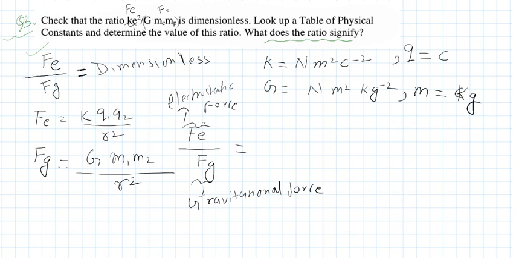So this will give you k q1 q2 upon r square into r square upon G m1 m2.